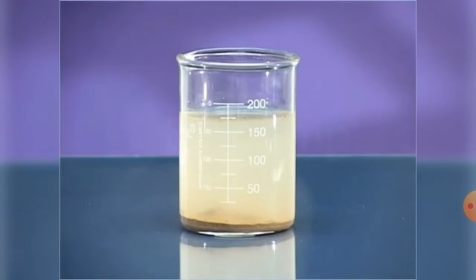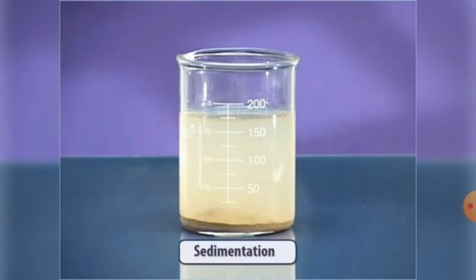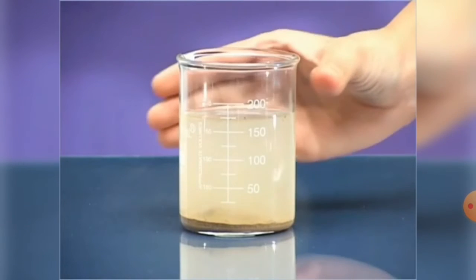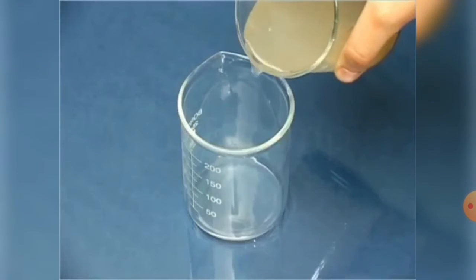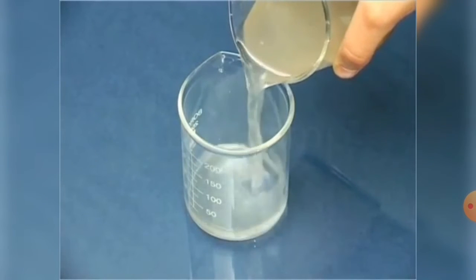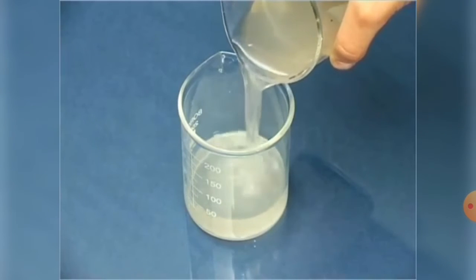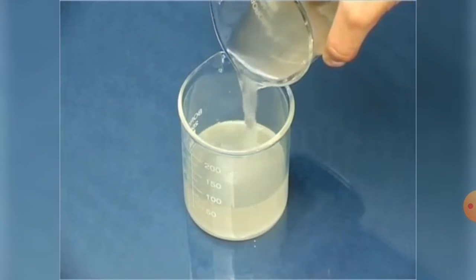After 20 to 30 minutes, when we observe, you can see the solid impurities have settled down at the bottom of the beaker. These settled solid particles are the sediment, and this settling down process is called sedimentation.